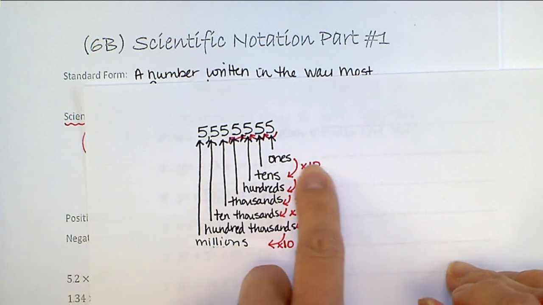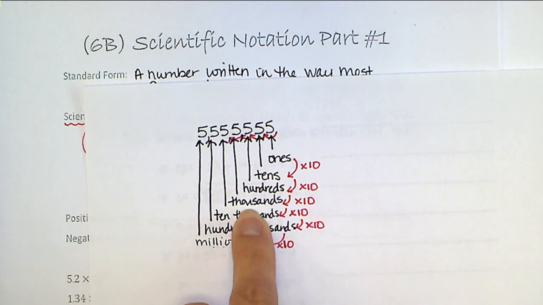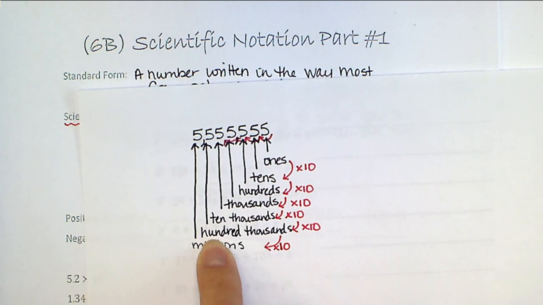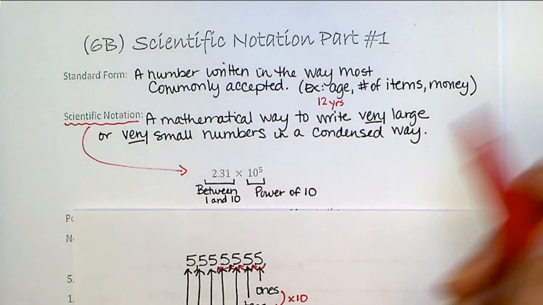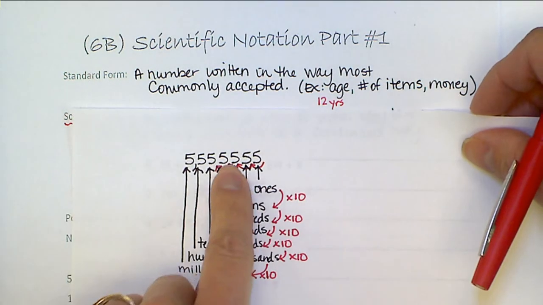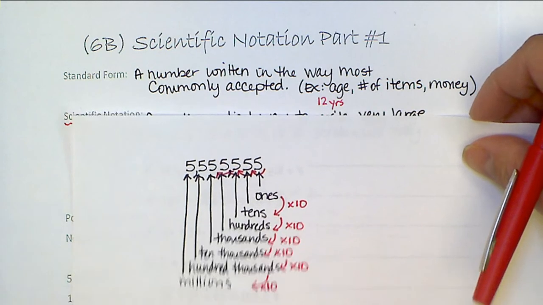The ones times 10 is 10. 10 times 10 is 100. 100 times 10 is 1,000. 1,000 times 10 is 10,000, and so on. So we use a power of 10 because you're telling them that you're moving over this many places, by powers of 10.